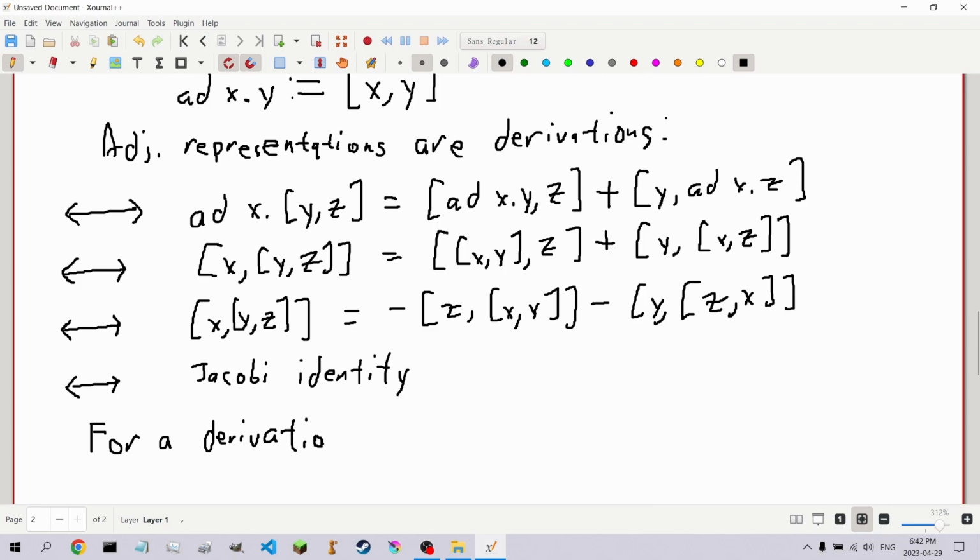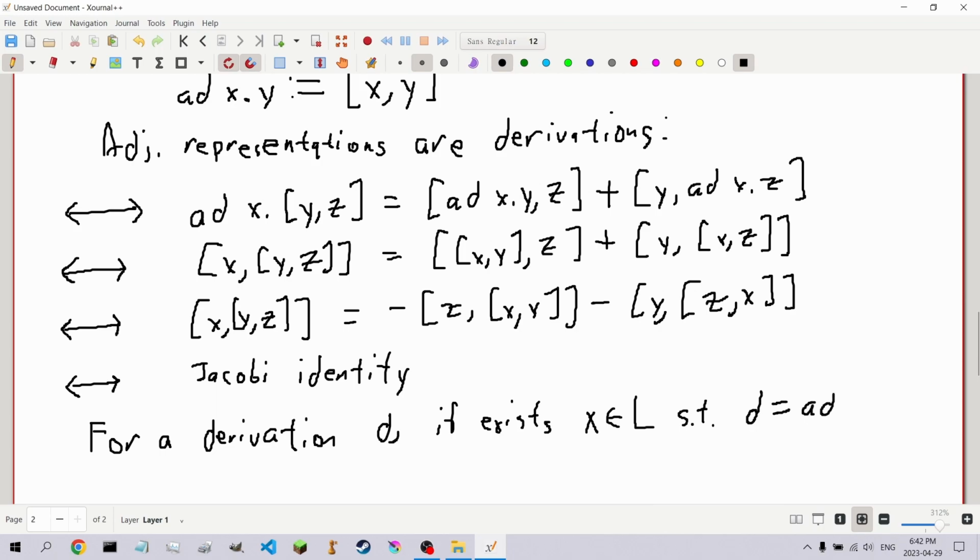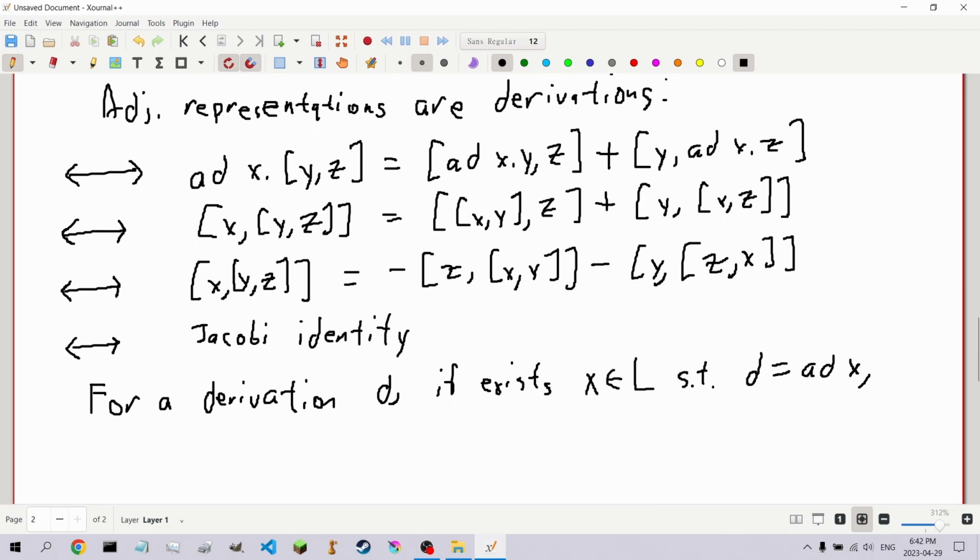For a given derivation D, if there exists some element x in our Lie algebra such that D is equal to the adjoint representation of x, we see that D is inner.